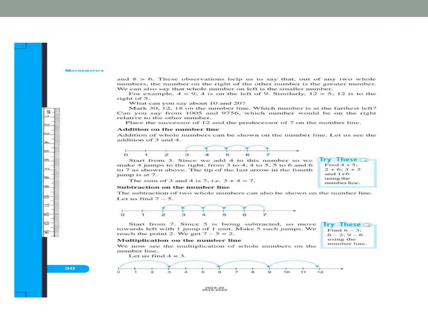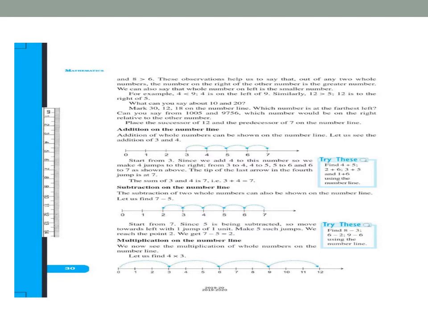So in the present question, we are going to do the addition. Addition of whole numbers can be shown on the number line. Let us see the addition of 3 and 4. Start from 3.